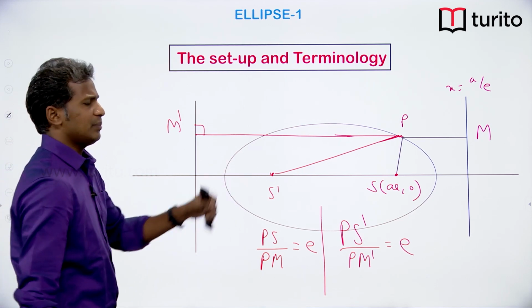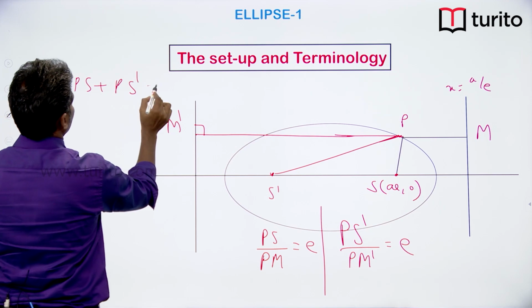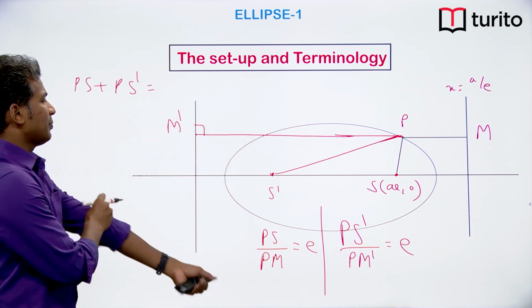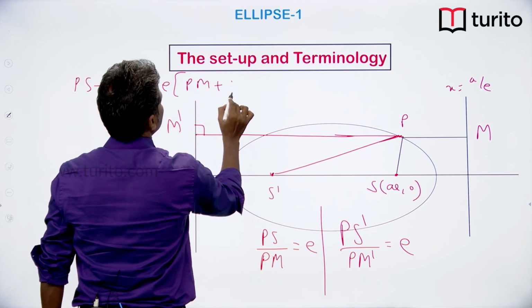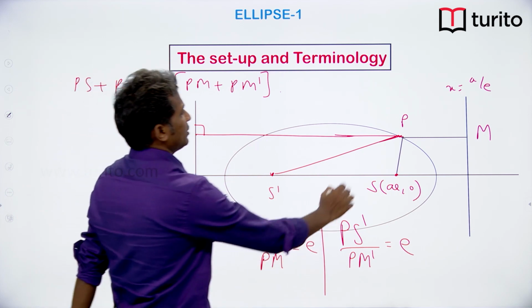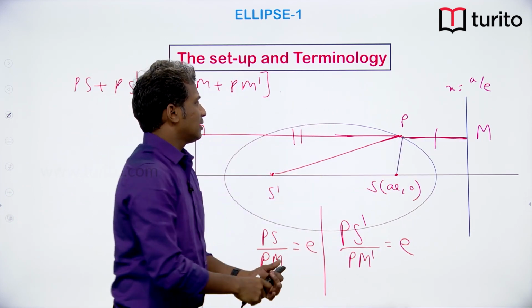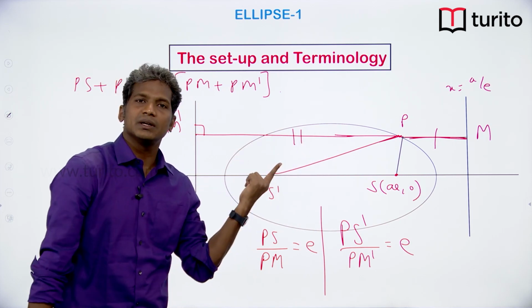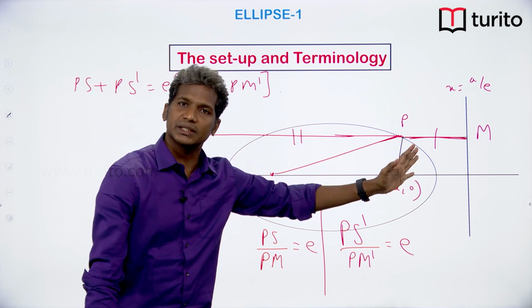Now if I add PS and PS dash, then what happens? It basically becomes E into (PM plus PM dash), and we know that PM is this length and PM dash is this length. When we are adding these two distances, basically they become the distance between the two directrices.